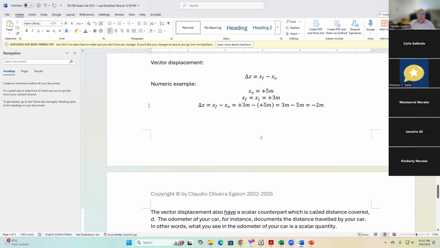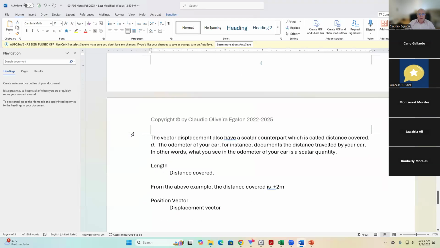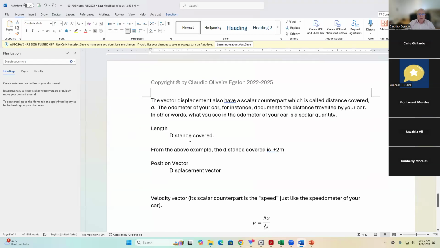The above example that we did right here. If delta x is minus 2 meters, the distance covered is going to be plus 2 meters. I'm gonna write that down here, d equal to plus 2 meters.